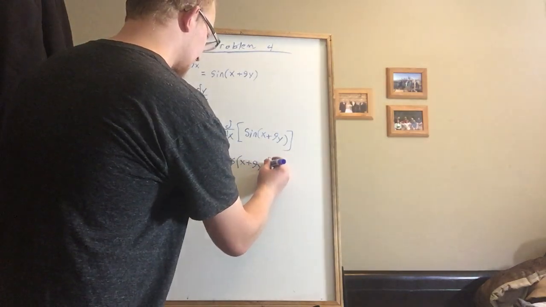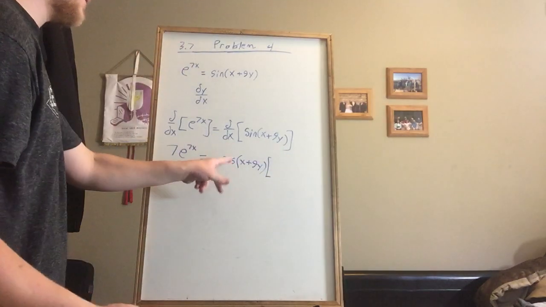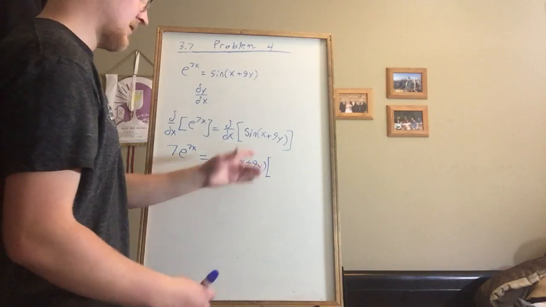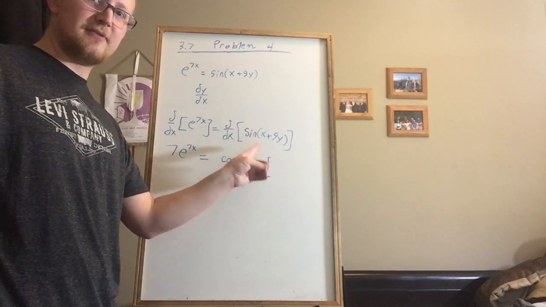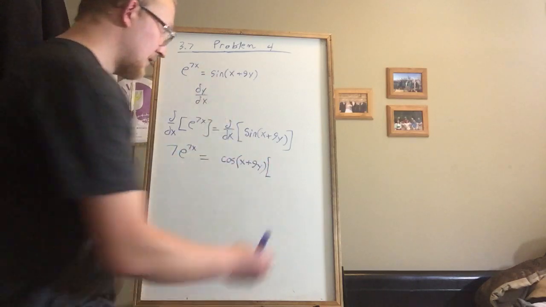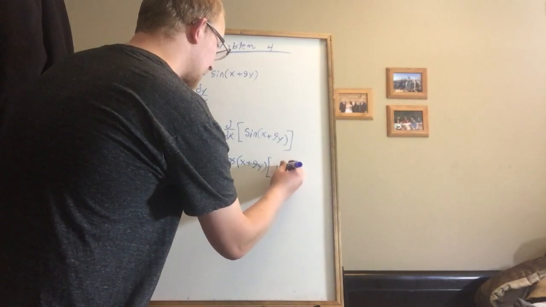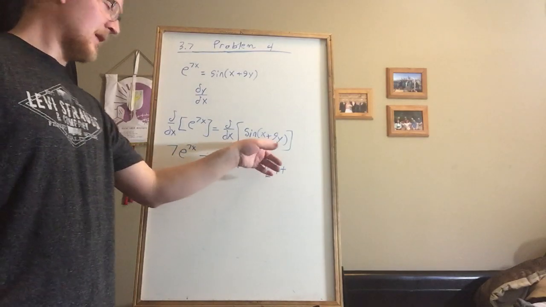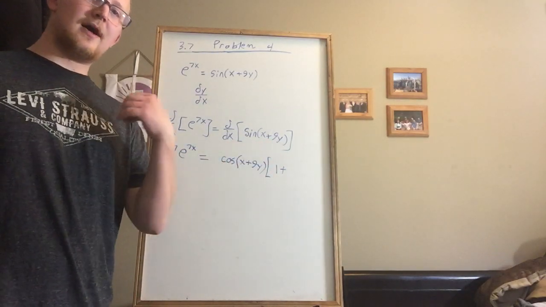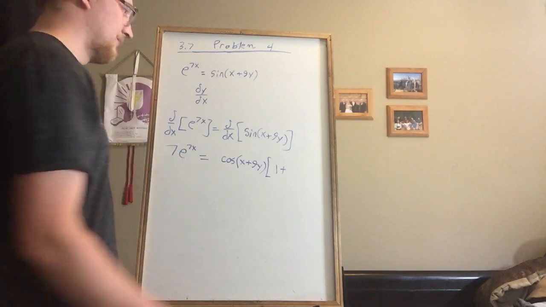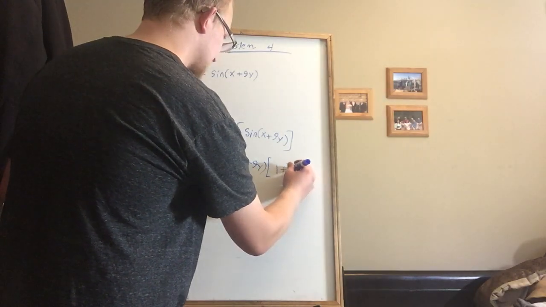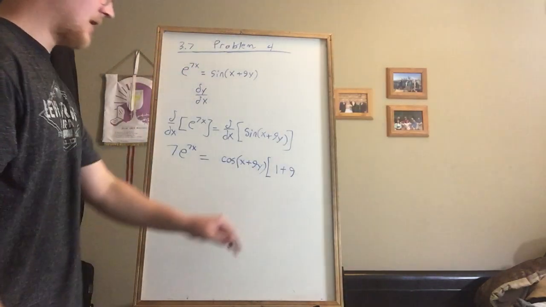The derivative of the inner function here, using the power rule, the derivative of x is just 1. So we have 1 plus the derivative of 9y. Well, the derivative of 9y is just 9, because the y loses a power according to the power rule.